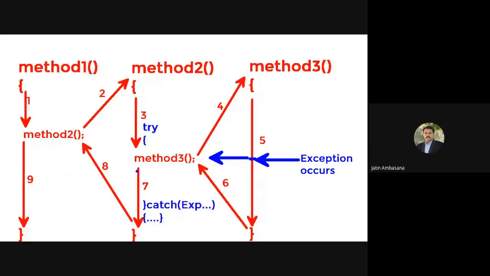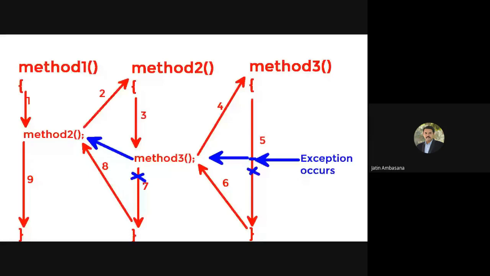If there is any try catch block, then the exception goes over there and is caught over there. If not, then again this execution does not continue, and from this point itself the control returns back. This does not continue in method 2, and this part also does not continue in method 3, due to the exception.